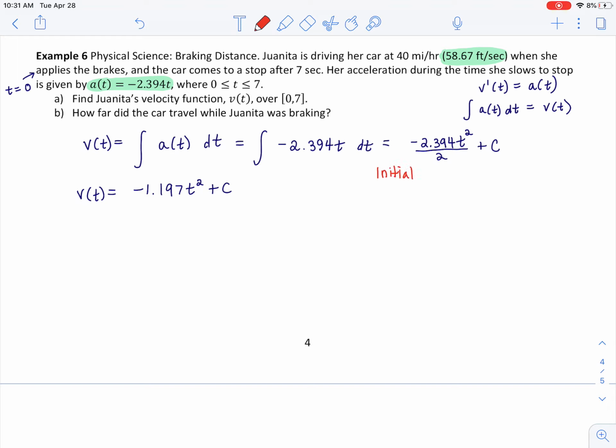Initial condition given is that when t equals 0, we have v of 0 to be 58.67 feet per second, right? When she applied that brake, she was going 58.67 feet per second. So let's plug those in. I'll say 58.67 on the left side for v of t, and we're going to plug in 0 into t.